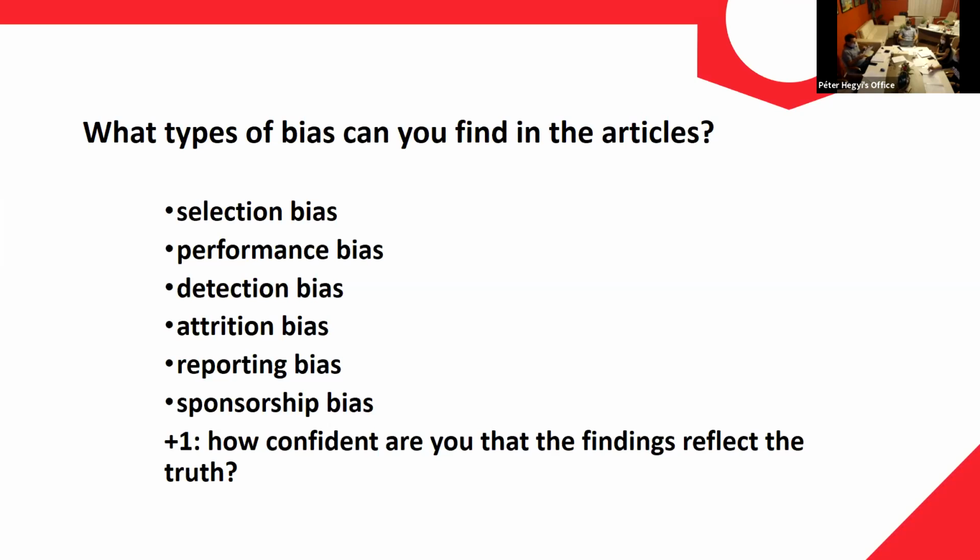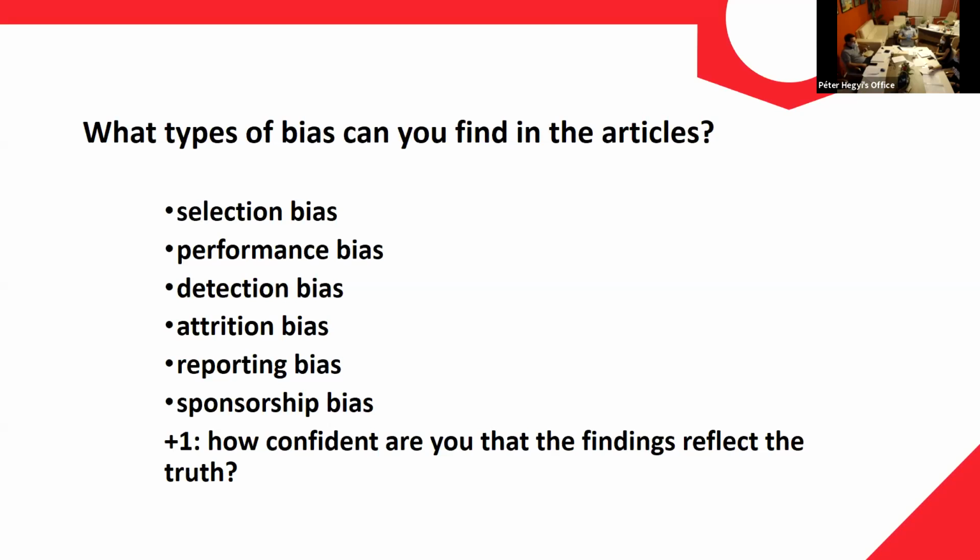So we think there is a possibility for both because it was unblinded. The study was unblinded, so for both performance and detection bias, there is a possibility. All right, can you tell me a hypothetical story, how detection and performance bias can affect this study directly?